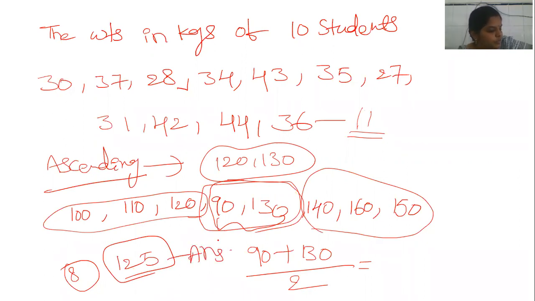So the conclusion is, just write down: there are 8 values in the data. That is an even number of values.